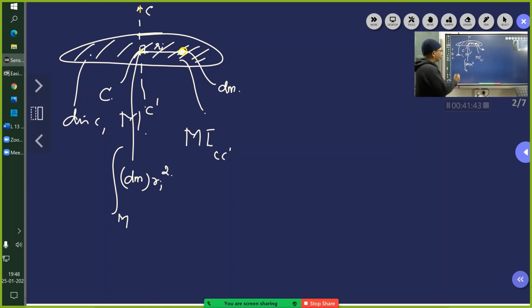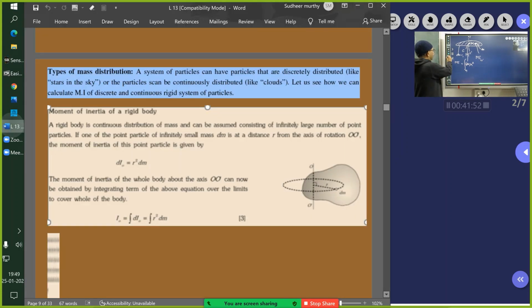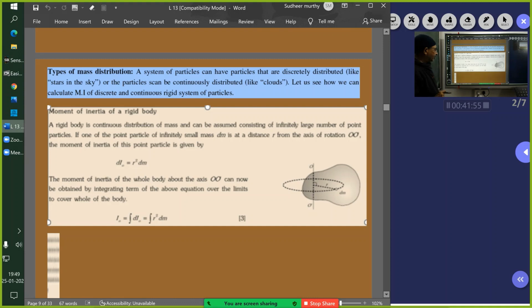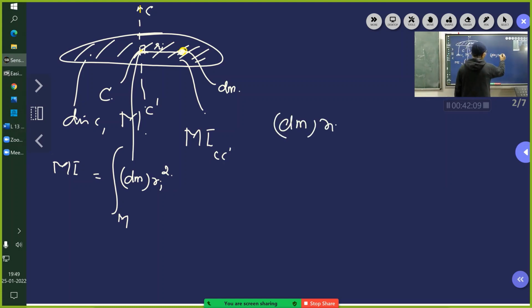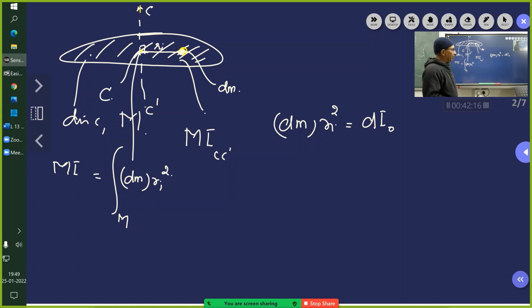So this gives you the moment of inertia of the body about this axis. Already we have discussed this, just that I'm mentioning it again. Most important is that you can treat the moment of inertia of only this element, that is dm into Ri square, and denote it as dI, the incremental moment of inertia, just like dm.